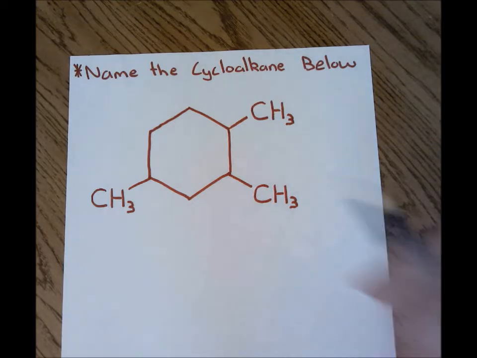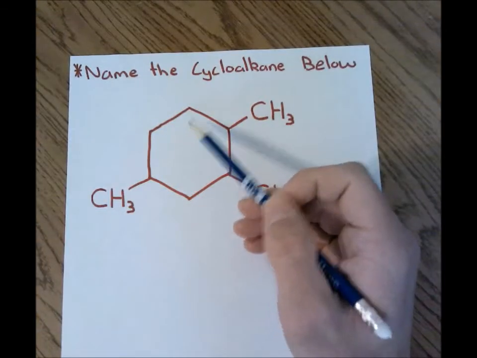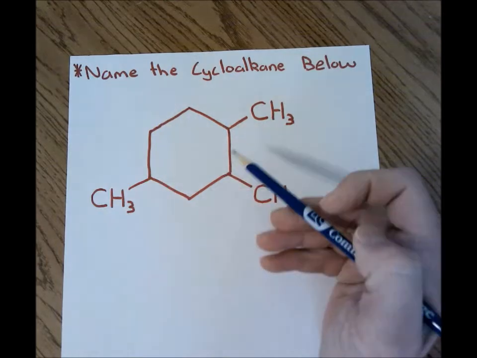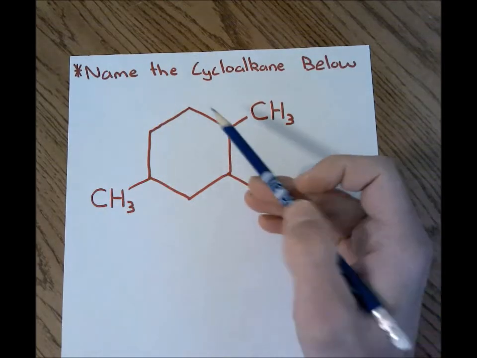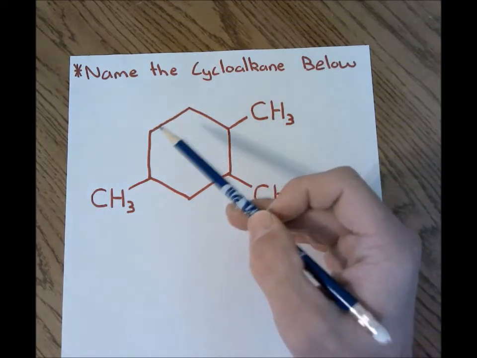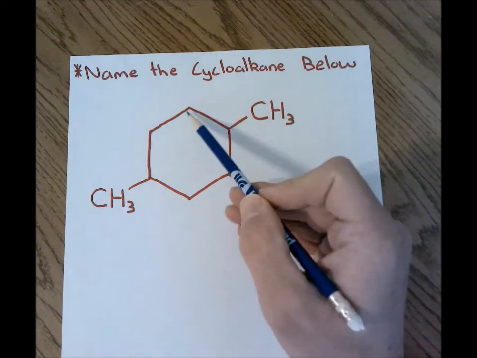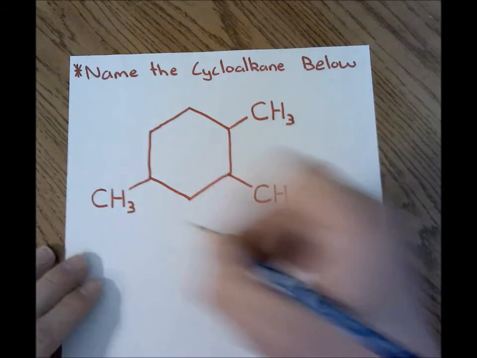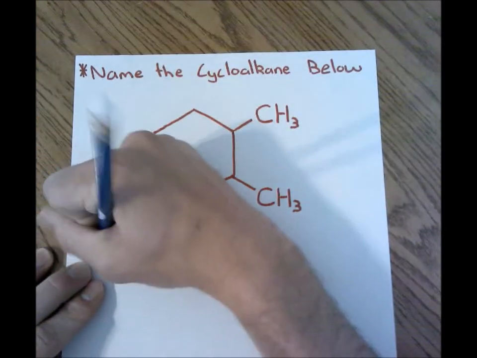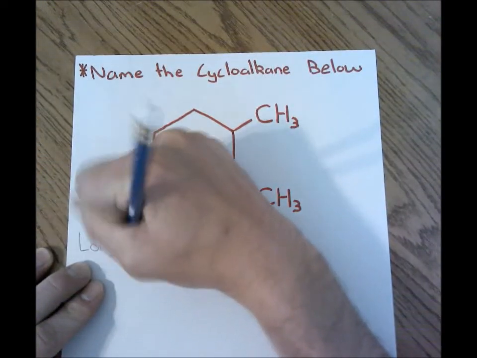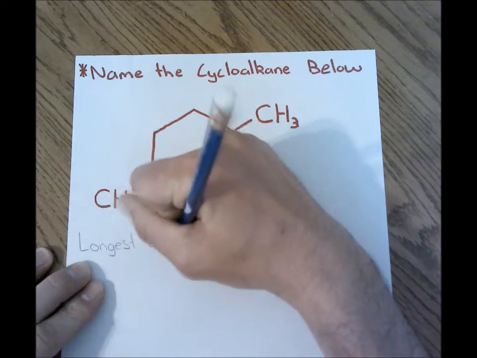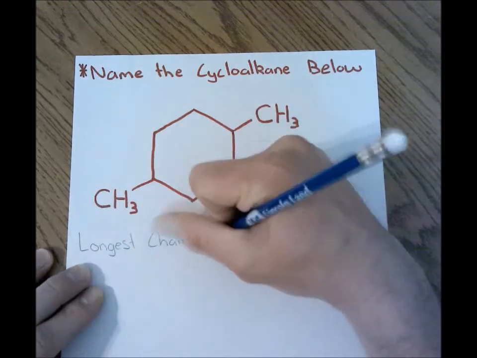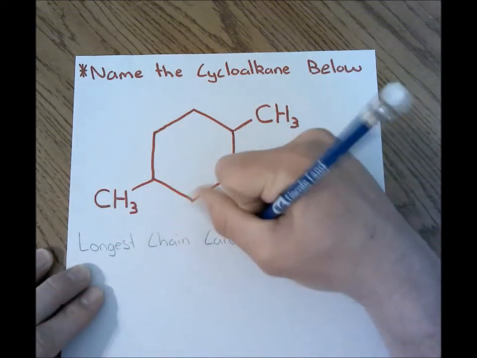Remember, each vertex represents a carbon. So the number of carbons in the longest chain, which is just the number of carbons in the ring structure, is just going to be a simple count.